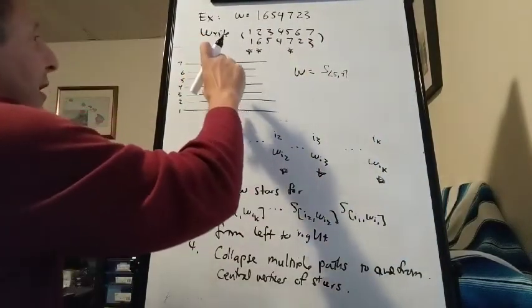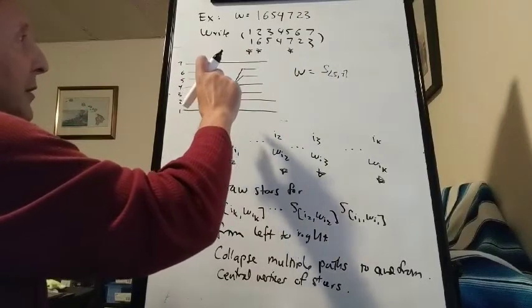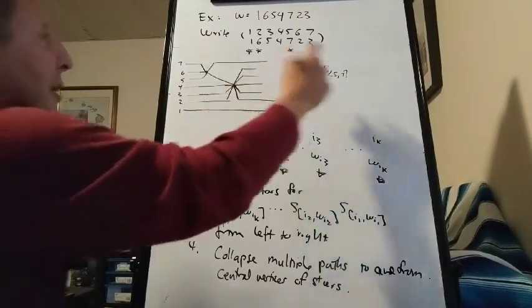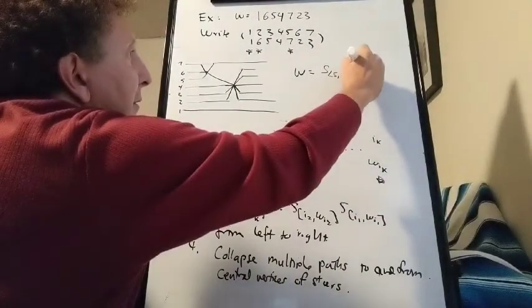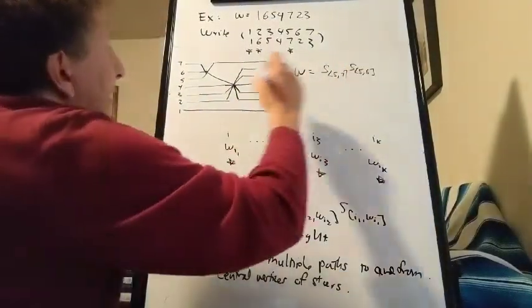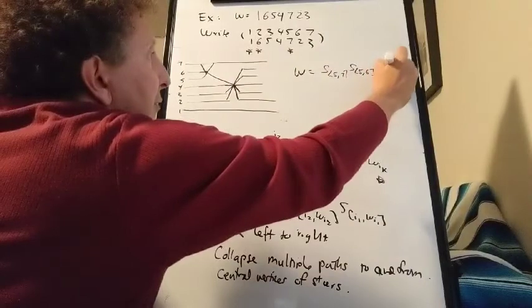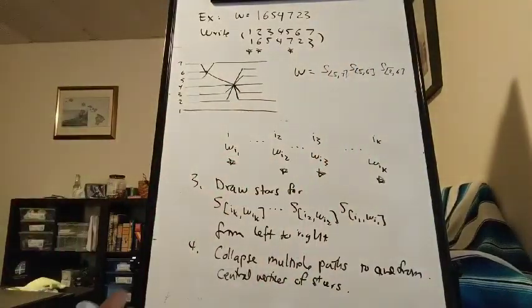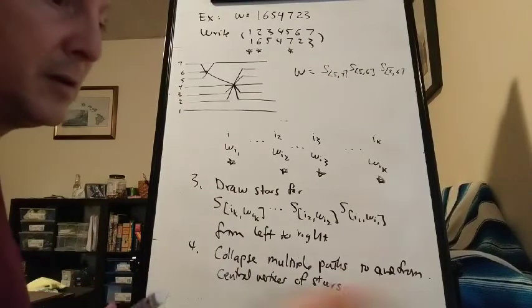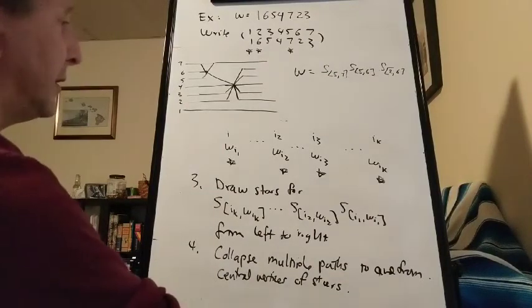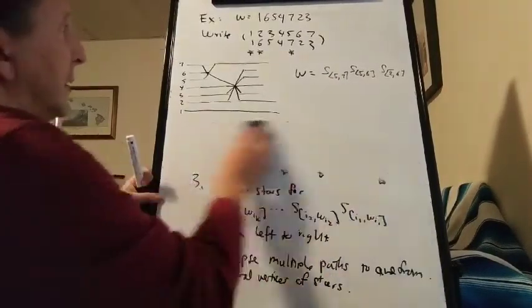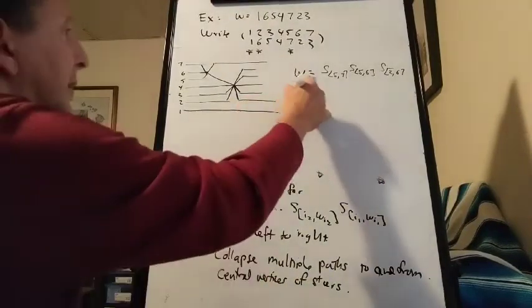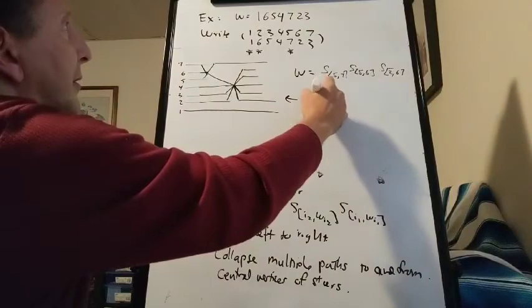Then we need an overlap star. So 5, 7 and 2, 6 overlap at the interval 5, 6. And then we have S(2,6). So this is f(W).